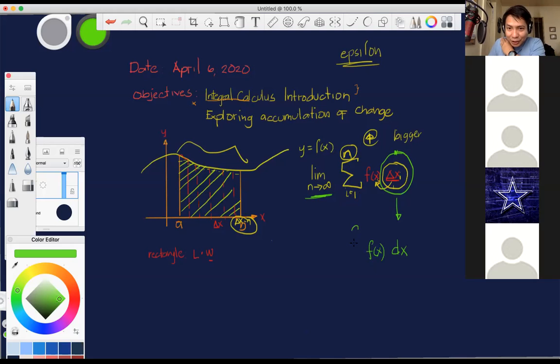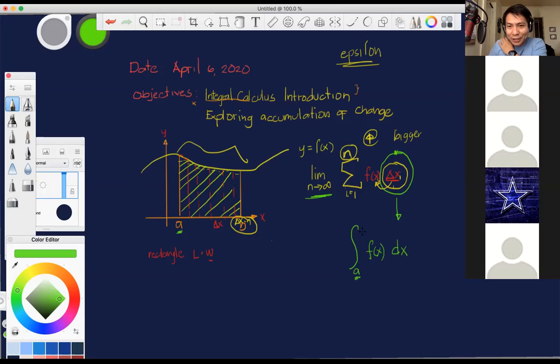Now, this one will be changed into this symbol, your integral. It's just like your big S. S stands for, guys? Summation. Summation from the value of your lower A, if you remember where that A came from, that came from your A right here, all the way to what?